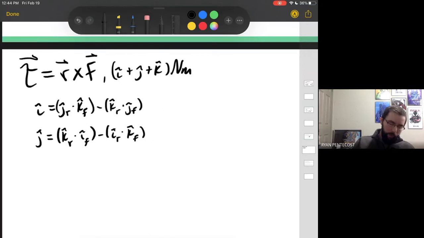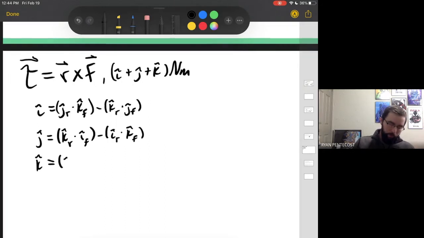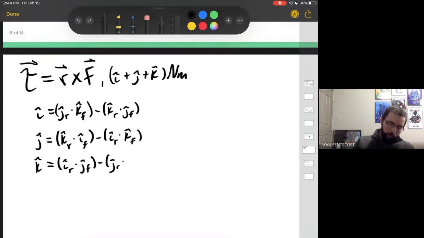And then for k, you have i cross j minus j cross i, the j of the radius times the i of the force. Okay, good. So that's how you can do the cross product.